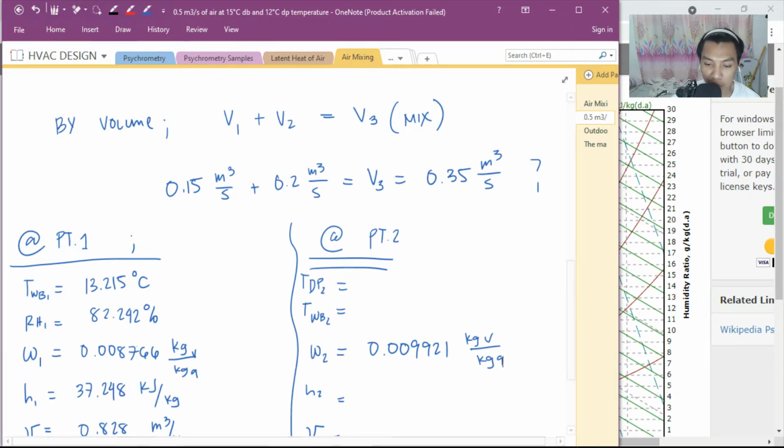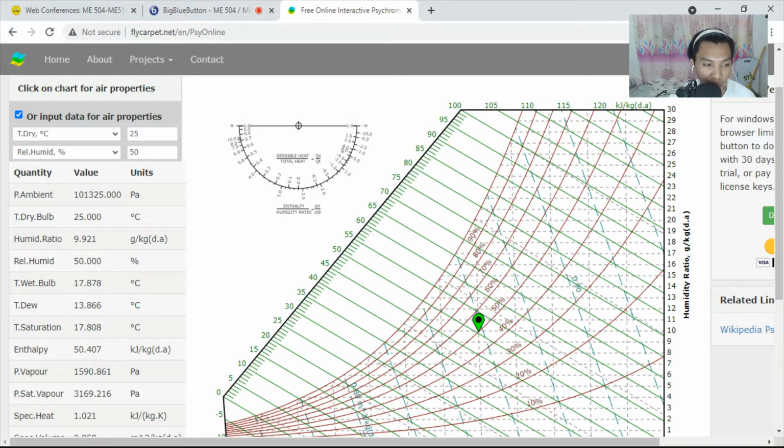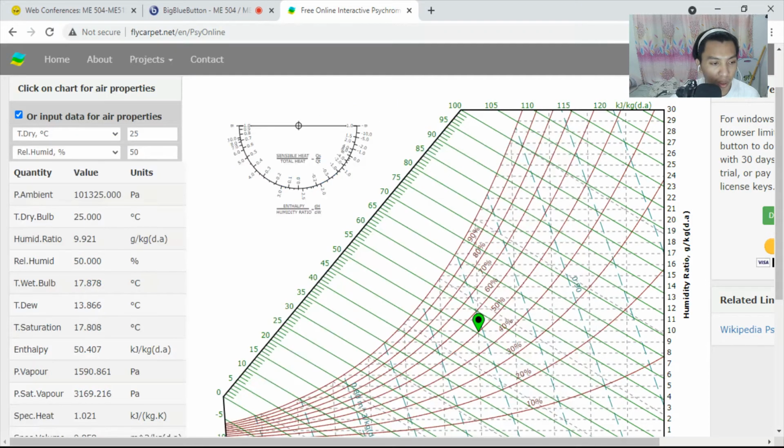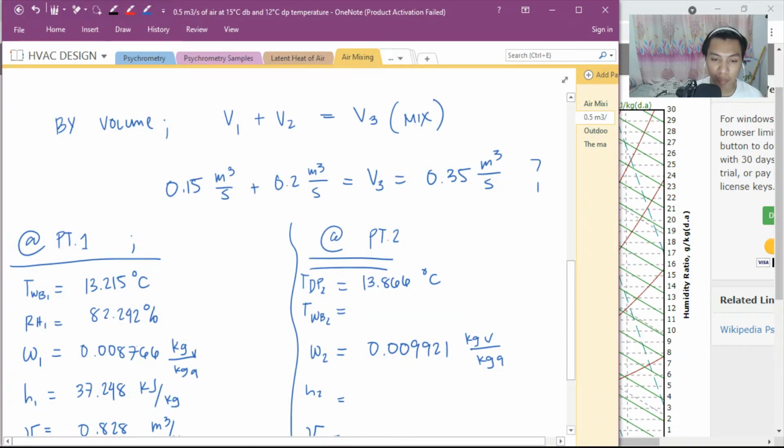Dew point. What is dew point niya? A dew point is 13.866 degrees Celsius. 17.878 degrees Celsius for wet bulb.